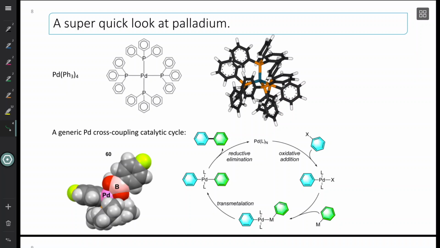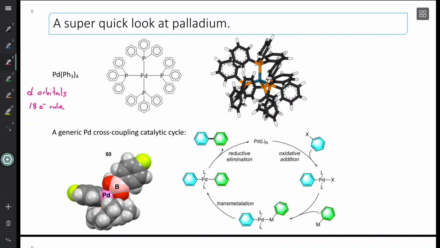But at this stage, the main thing to know is that palladium, being a transition metal, has d orbitals, right? So instead of having that octet rule with 8 electrons, it follows an 18 electron rule. Broadly speaking, it means that palladium can hold on to a lot of groups.